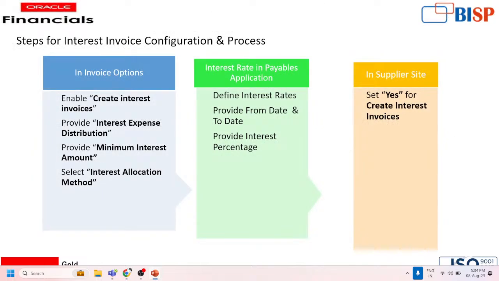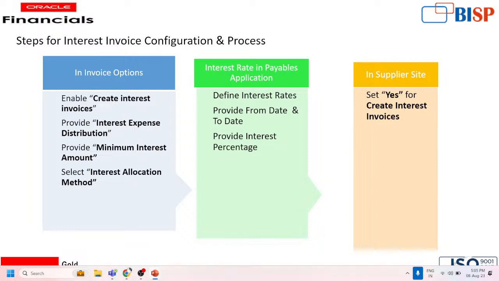The steps for interest invoice configuration and process. In the invoice option, we have to enable the create interest invoice, and we have to provide interest expense distribution out there. We have to provide minimum interest amount, and we have to select the interest allocation method. So whether you want to allocate on a line to line basis or on the total basis, right? So that is the allocation method.